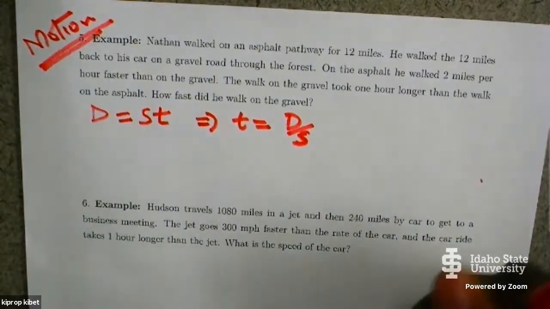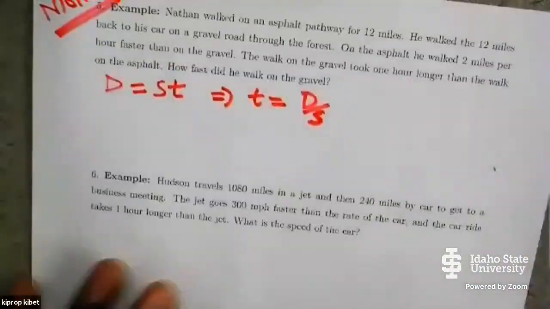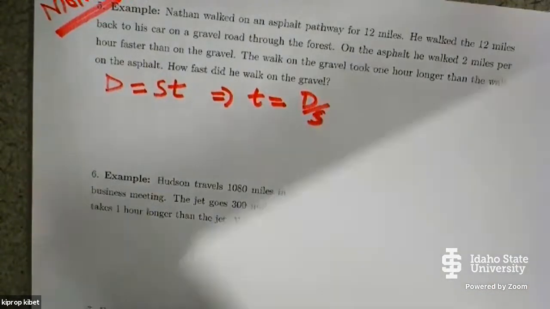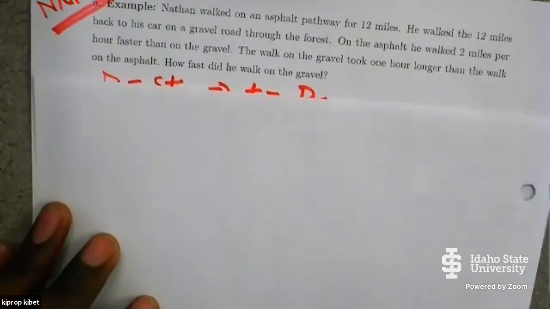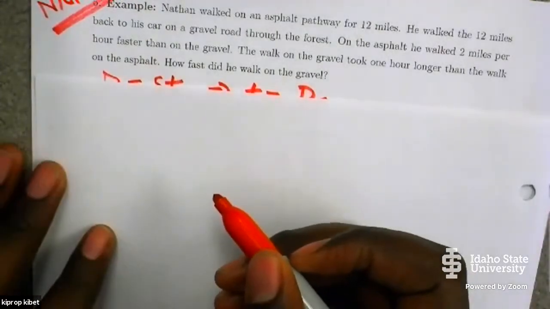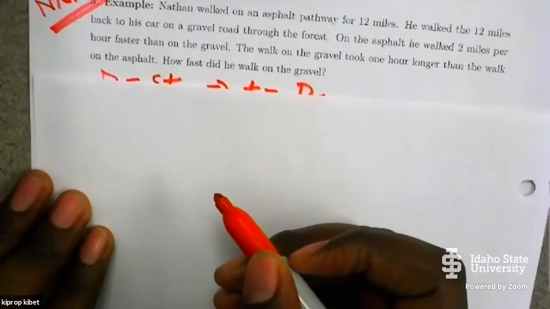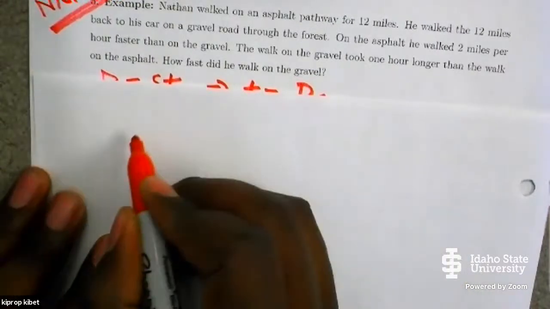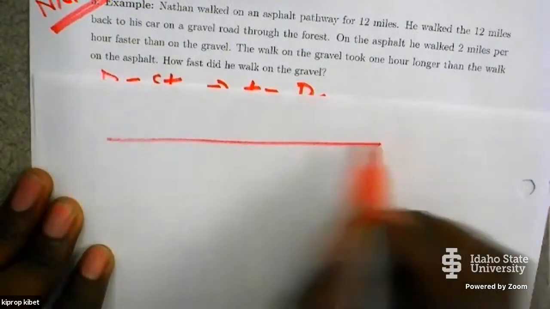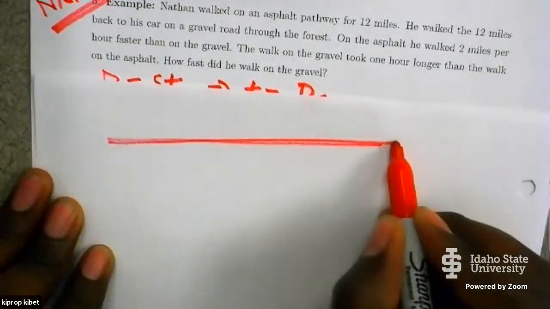Okay, so Nathan walked on the asphalt pathway for 12 miles. You can just demonstrate by drawing.